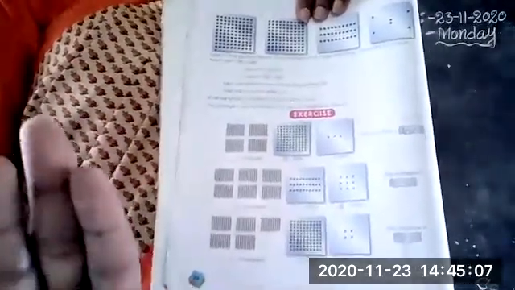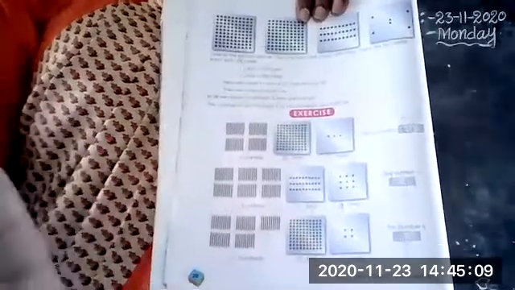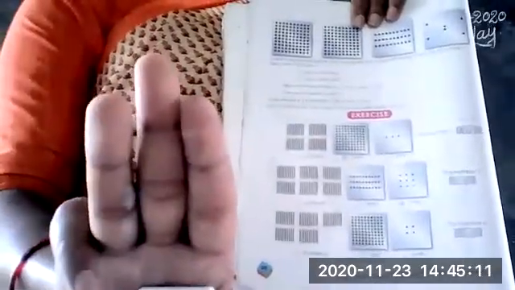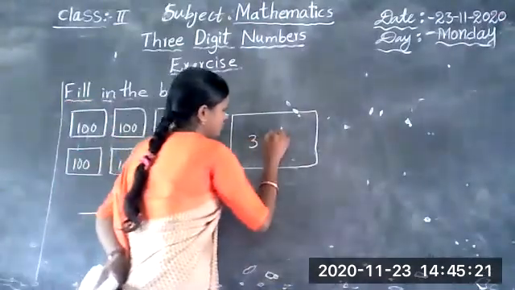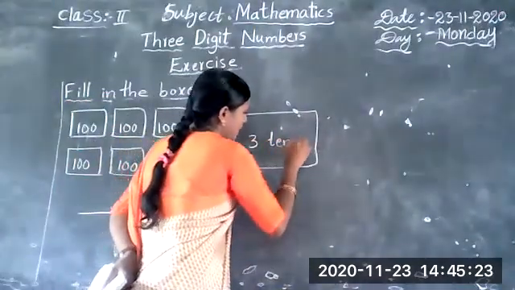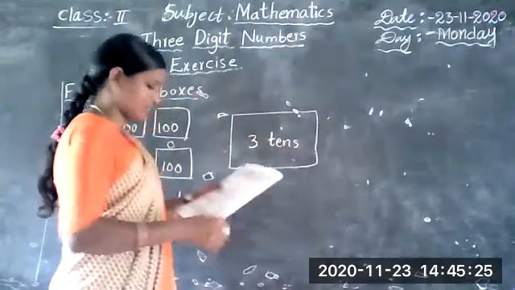So what number comes? 1, 2, 3. 3 rows. So the number is 30. 3 tens. Next.